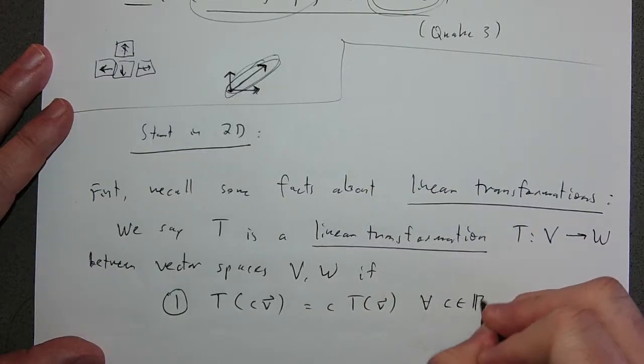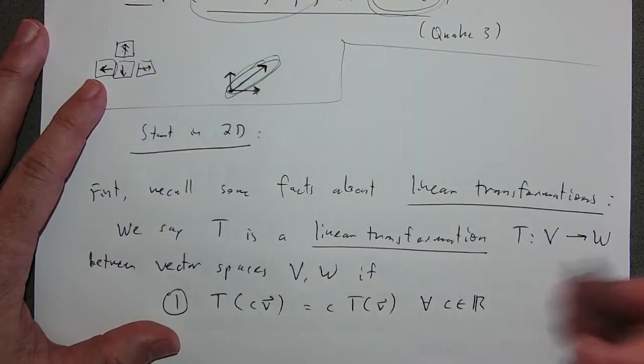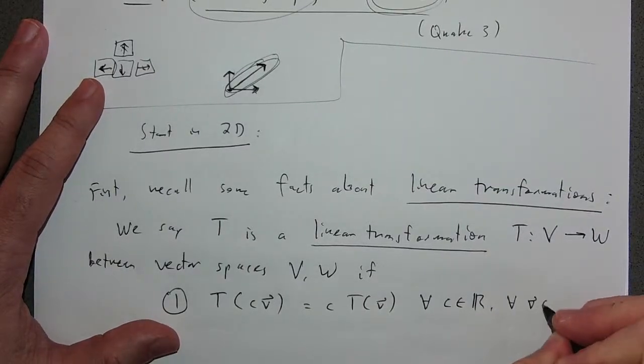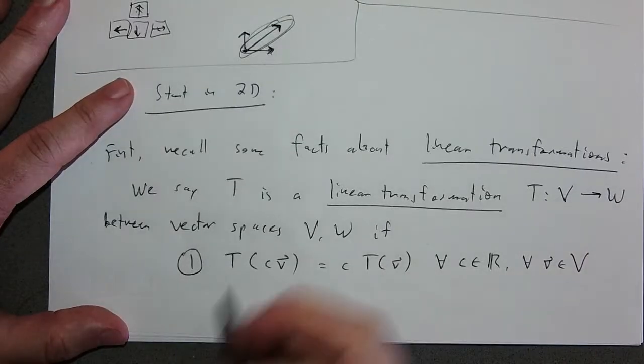Now I'm going to call this scalar a real number, but this definition works the same even if this is a complex scalar instead. And for all vectors v in V.